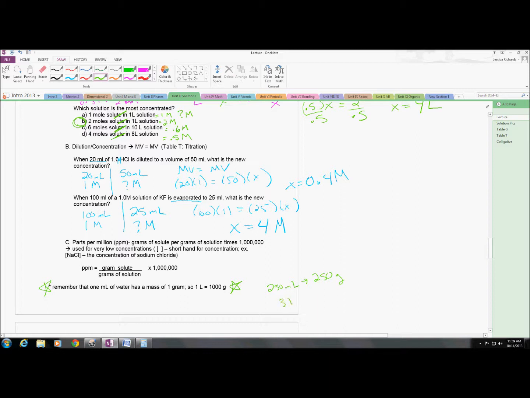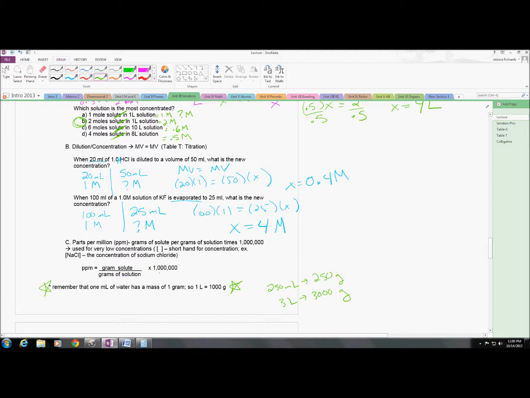If you have 3 liters of solution, that's 3,000 grams. You have to know that relationship between volume of water and grams of water, because odds are they're going to give you the volume of solution instead of the number of grams. Very simple. You just take your grams of solute, put it over grams of solution, multiply it by 1,000,000.